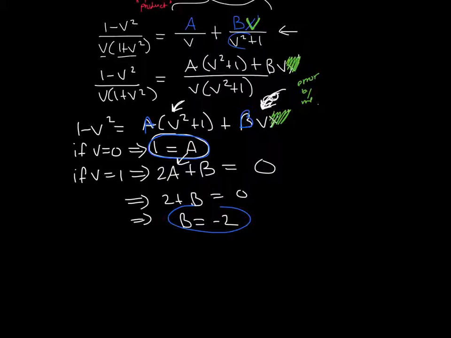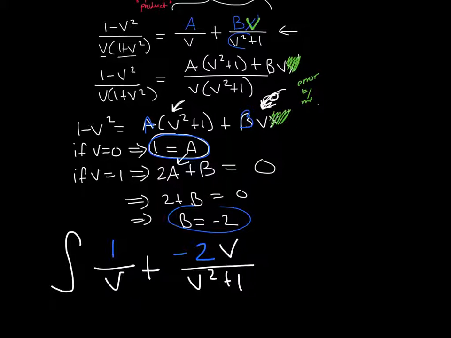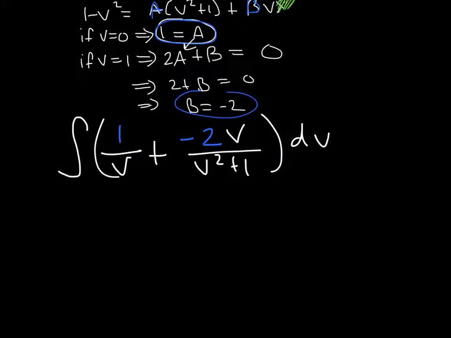Okay, so I have the integral of a, well, my a is 1, over v plus, what's my b? Well, my b is negative 2, and again, my variable is v, all over v squared plus 1, and that's with respect to dv. So now, by the property of integrals, I can break this up into two integrals.